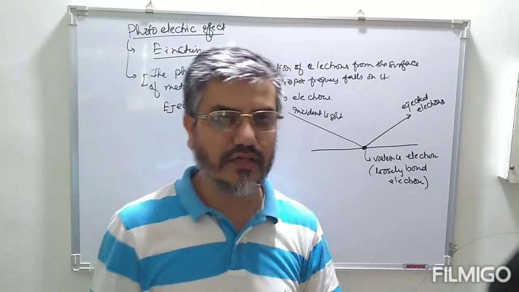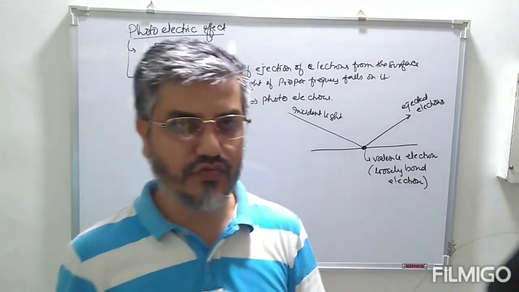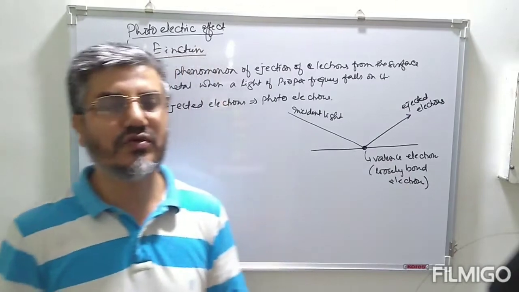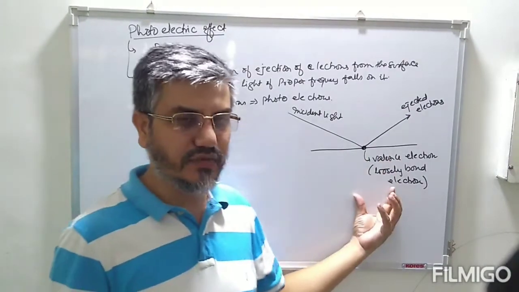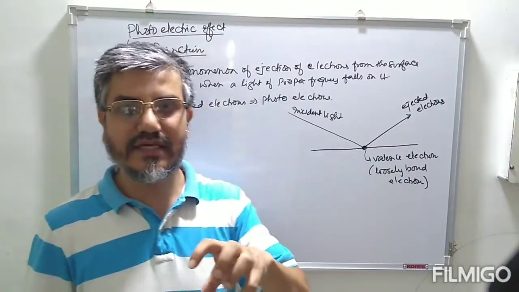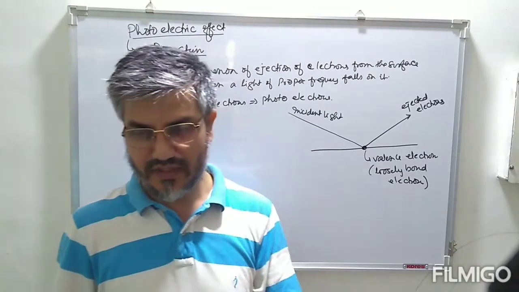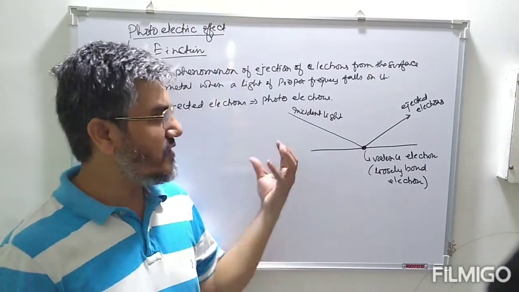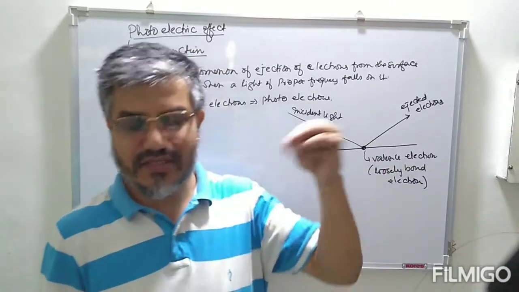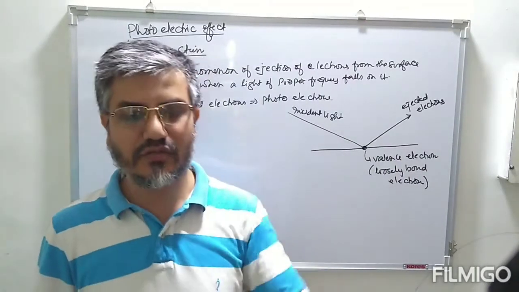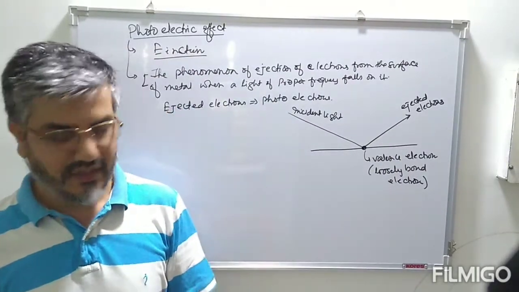The energy required to break the attractive force between electron and the nucleus is known as binding energy, and this is the minimum energy. That means for this photoelectric effect, you have to supply energy greater than or equal to the minimum energy.